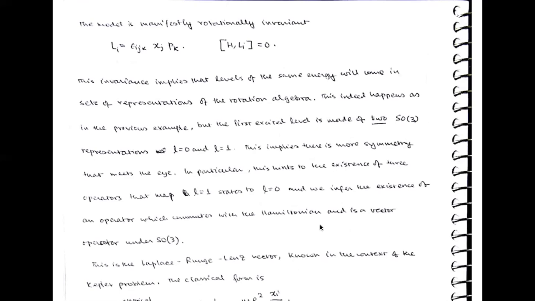This has been known for quite a while, in the context of the Keplerian problem in classical mechanics, which uses the same 1 over r potential that we had earlier. Classically it is just p cross L minus m e squared x over r.